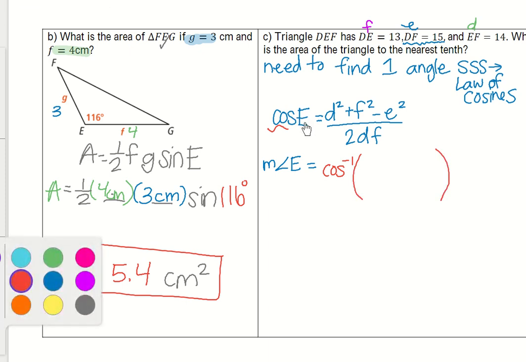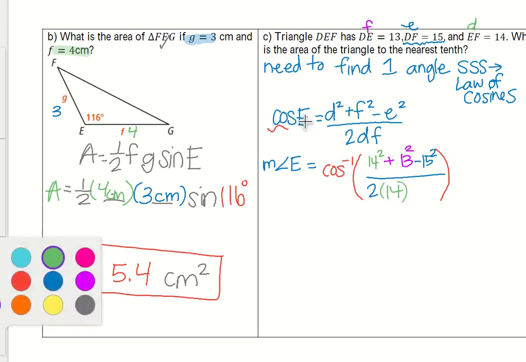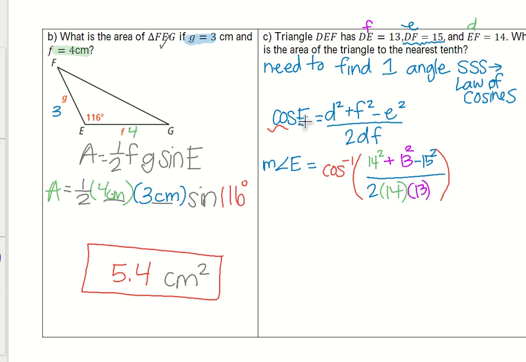Okay, so let's plug in this step. So if I plug in D is 14 squared plus F is 13 squared minus E is 15 squared, and I'm putting that all over 2 times the 14 and then times the 13, that's going to give me the measure of angle E. Once I know the measure of angle E, the area then would be 1/2 the other two letters multiplied together, so D times F times sine of whatever E is.